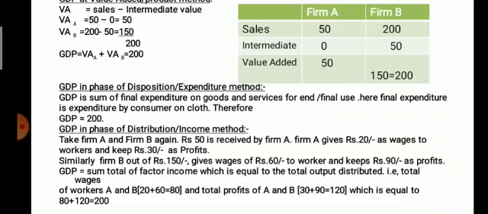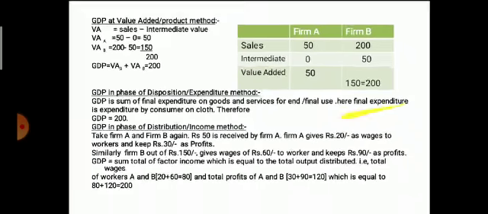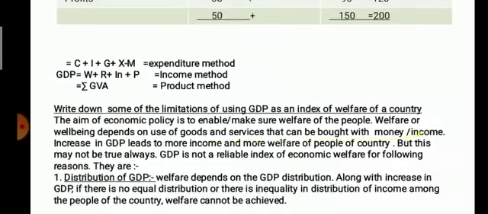Firm A has kept 30 rupees for itself out of the 50 and firm B out of 150 has kept 90 rupees. So 30 plus 90 will give you 120 rupees. Total wages 80 plus total profits 120 will give you 200 rupees. That is the income method.